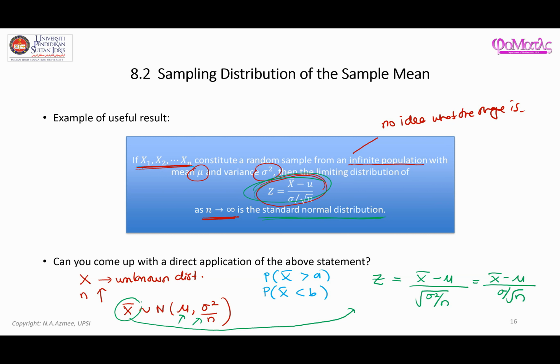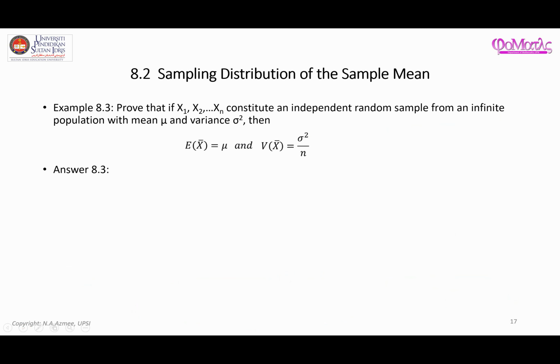Okay, let's look at some examples. What we have is random variables x1, x2 until xn. They are all an independent random sample from an infinite population. We don't know what sort of distribution they have, but it doesn't matter because we are considering a large sample.